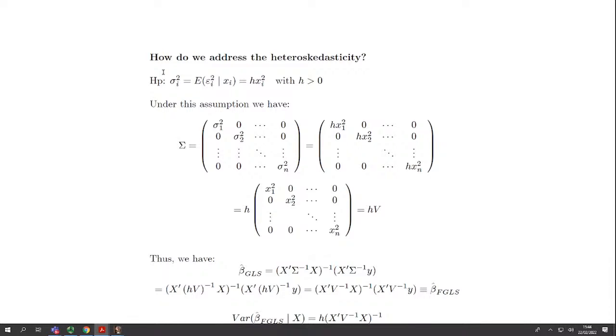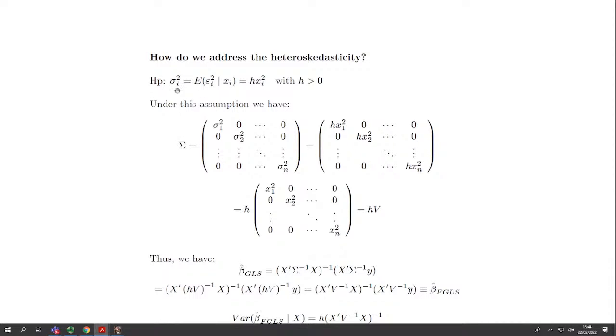But now I want to discuss with you what is the implication of this assumption. So I'm thinking about the problem now. I have the linear approximation of the Kuznets curve, and I'm also taking a stand on why I have heteroscedasticity. According to my model, the heteroscedasticity is driven by household expenditure.